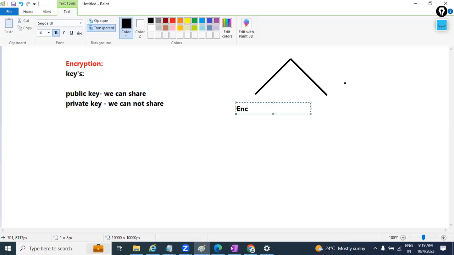Usually, if we talk about encryption, that always happens with the help of the public key. With the help of what? Public key. And second, the private key is always, also you can say, the decryption would happen with the help of the private key always.